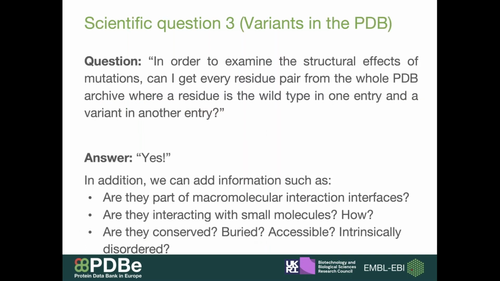Also, another interesting question is related to variants. If you want to examine the structural effects of mutations, it would be interesting to know every pair of PDBe residues where one of them is a wild type in one PDBe entry and a variant in another PDBe entry.